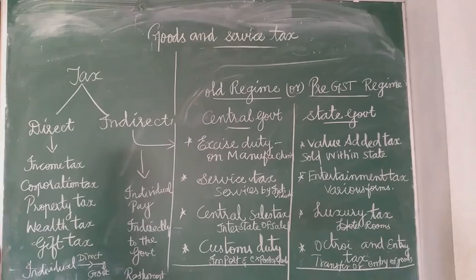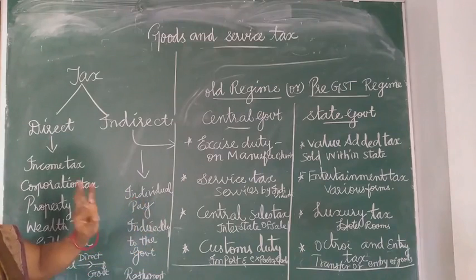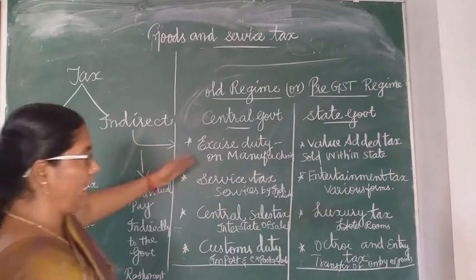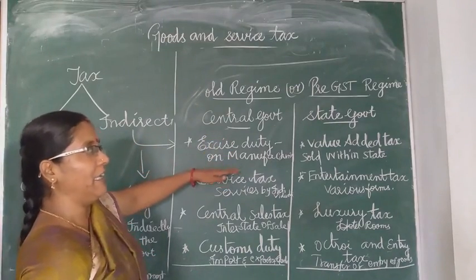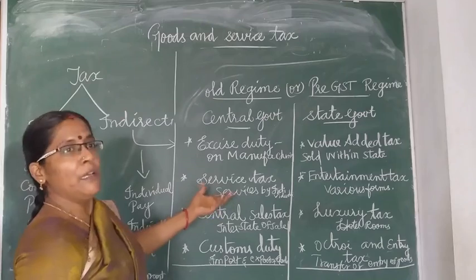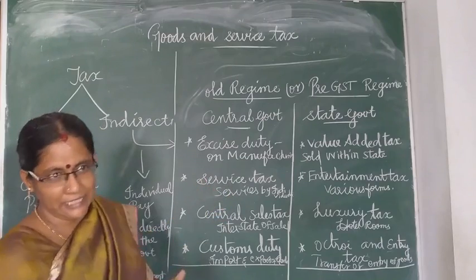So these lead to a lot of overlapping of taxes levied by both the state government and the central government. So it leads to what? Already taxed goods, again we are paying the tax and then we are getting the goods.